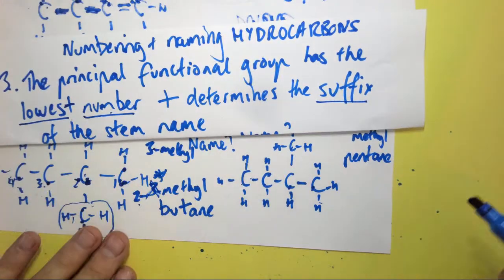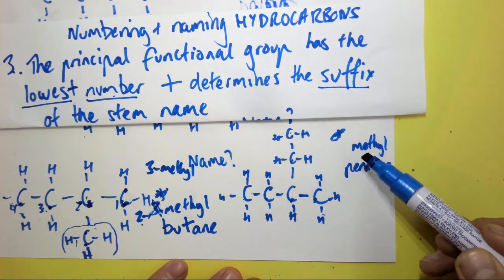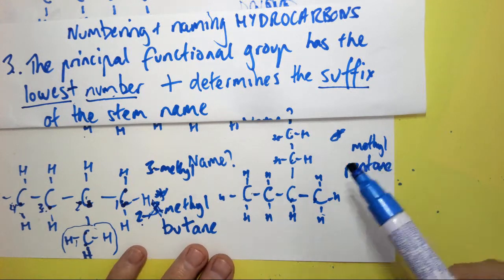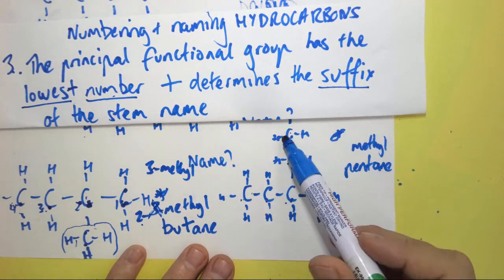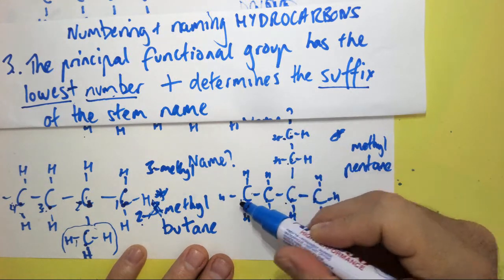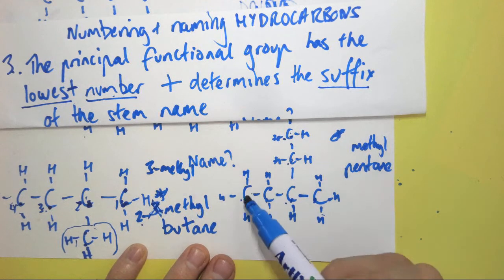Getting a little bit scribbly now, but hopefully you're still with me. Now, we put an asterisk on this one, methyl pentane. So, 1, 2, 3, 4, 5. That's our first option, or it's 1, 2, 3, 4, 5. Let's start here and see if it works.